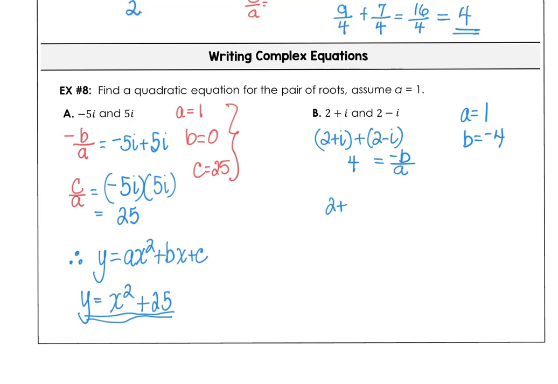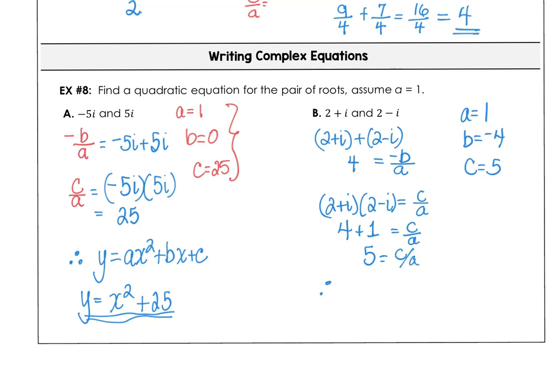And the product of the roots, 2 plus i times 2 minus i, is going to give us c over a, which is 4 plus i squared, that's 1. So 4 over 1 is 5, and c happens to be 5 since a is 1.